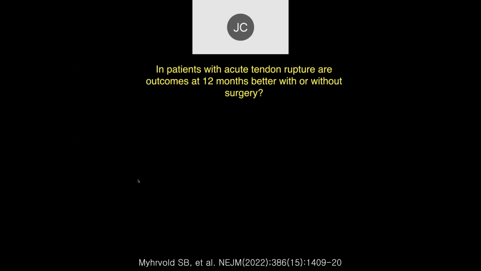So here's a study that asked the question, in patients with acute tendon rupture, are outcomes at 12 months better with or without surgery? And this was published last year in the New England Journal of Medicine. Elior, what do you think?